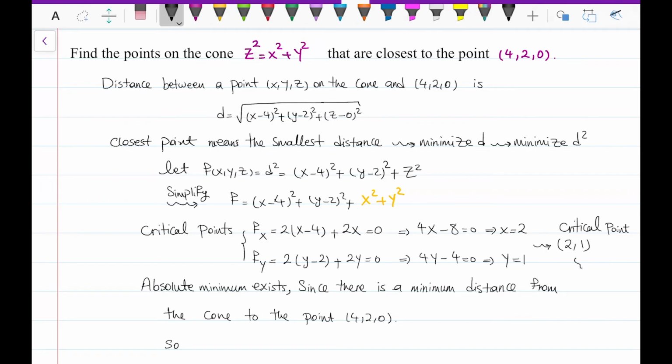If I do that, z squared equals 2 squared plus 1 squared, which is 5. So z is plus or minus root 5. So the points (2, 1, root 5) and (2, 1, negative root 5) are the closest points to the cone. So I'm done.